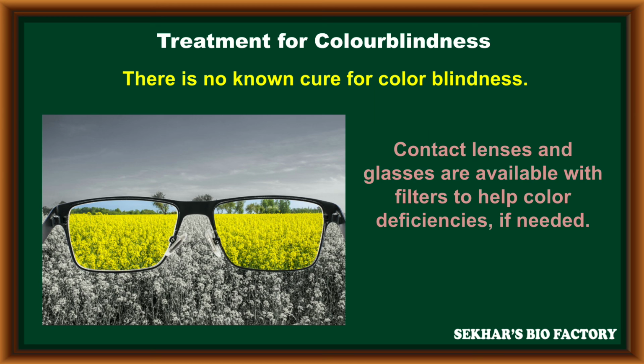That means by using these contact lenses or glasses, the remaining portion is not visible to the colorblind person, but with this portion they can identify the natural colors. It is the only method to avoid color blindness in some persons, but there is no permanent cure.